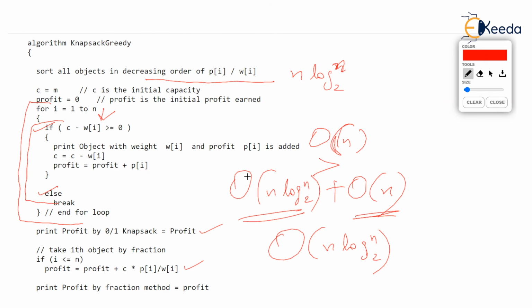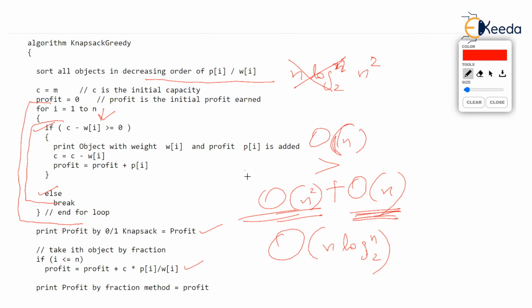Now suppose you used bubble sort instead of quick sort, then the sorting itself will take n square, isn't it? Because bubble sort works in the order of n square. In that case, the next for loop is again going to take O(n) as usual. So the total time taken for this algorithm is going to be O of n square, due to the sort step, plus O(n) for the for loop.